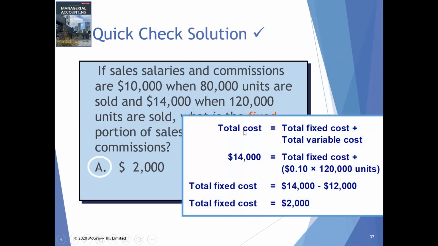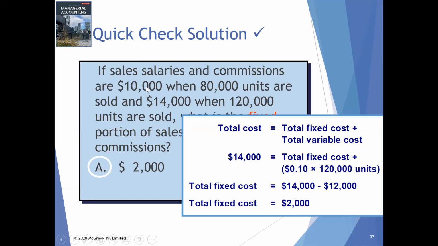Total fixed cost, let's say 14,000 minus 120,000 units multiplied by 0.10 is 12,000, equal to 2,000.